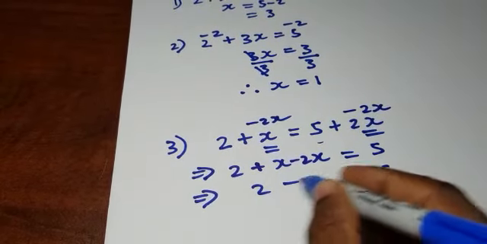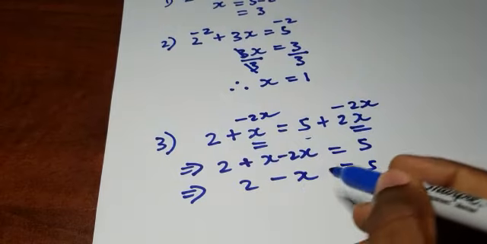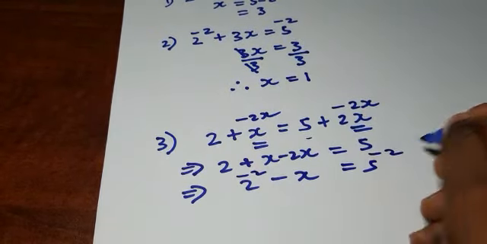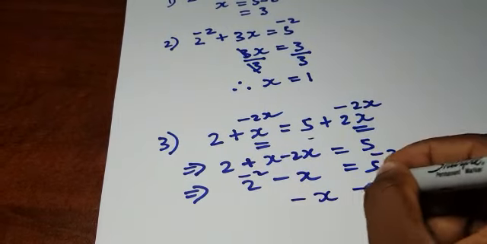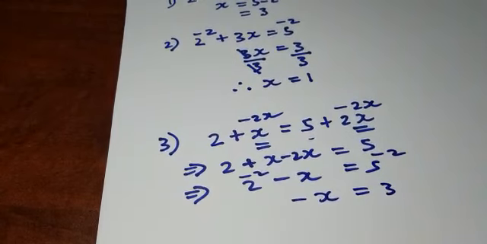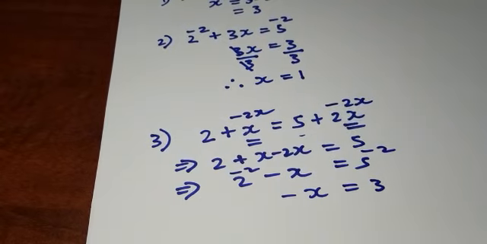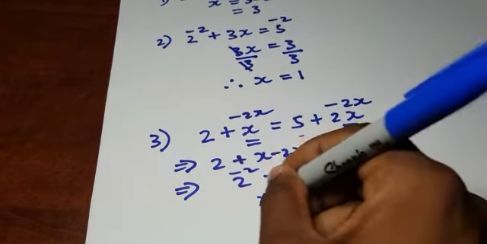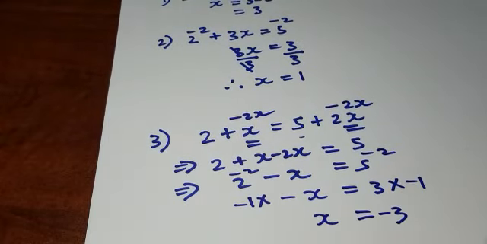So all we need to do from here is to isolate this minus x by removing 2 from this side and then applying the same minus 2 on the other side to balance the equation. So now we have, right? But we're not finished because we want to solve for x, and this is currently minus x. So by multiplying both sides by a negative 1, we are left with x is equal to minus 3.